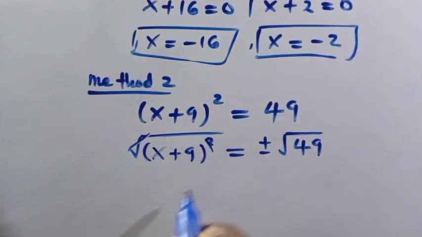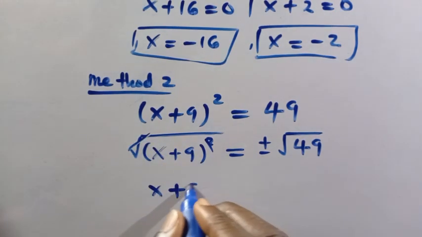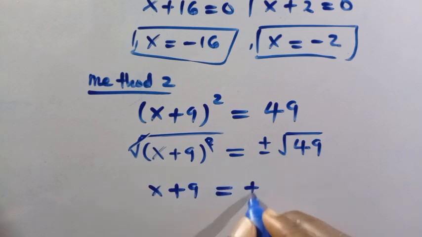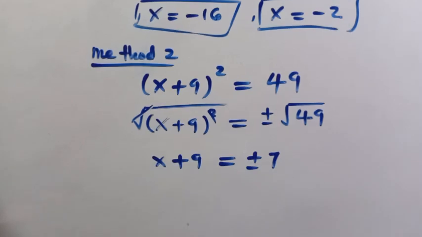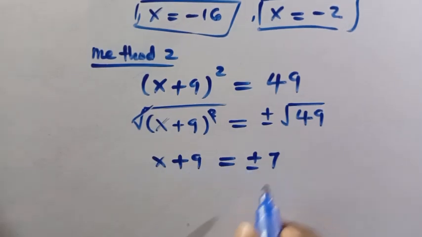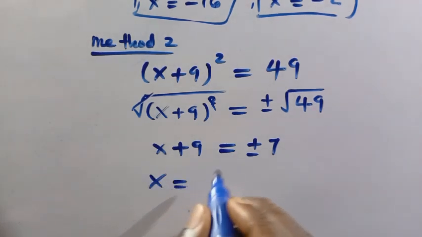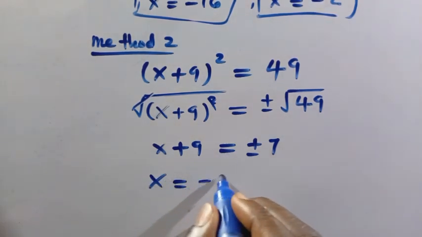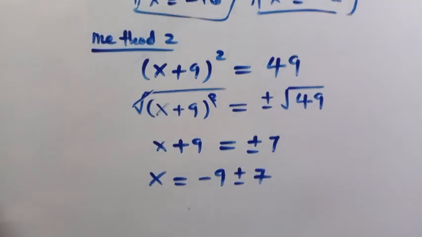So the square root and square cancel, and we have x + 9 equals plus or minus 7. Then we take this 9 to the other side, so we have x equals -9 plus or minus 7.